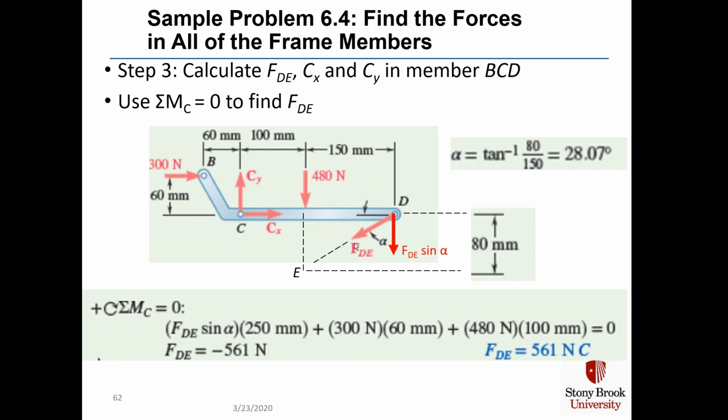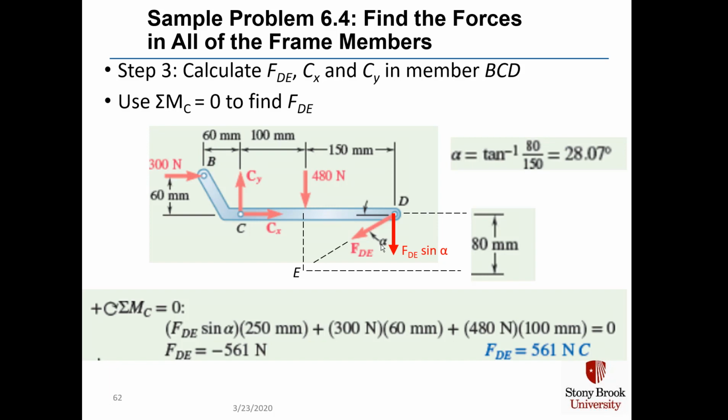The angle alpha between F sub DE and the vertical downward direction is calculated from the fact that we can create a triangle with a vertical height of 80 millimeters and a horizontal distance of 150 millimeters based on point D, point E, and the location where the 480 Newton force is applied. And then all we have to do is take the inverse tangent of 80 over 150 to find out that this angle alpha in the picture is 28.07 degrees.